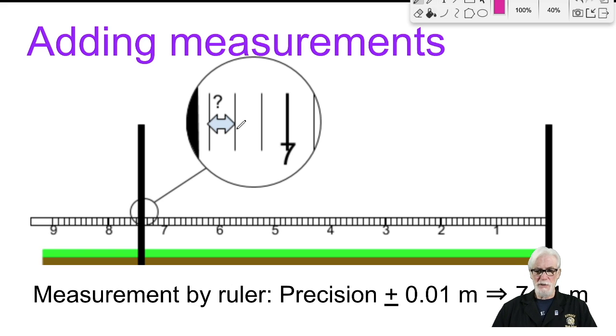They measure the distance that they've moved the fence, and it's 7.34 meters, and they write it as 7.34 because they know the meters for sure, they know the tenths of a meter for sure, and their variability, their estimate, comes at that 0.01 meter decimal place.